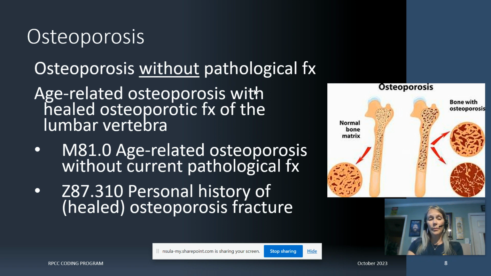So that is going to be coded to M81.0, age-related osteoporosis without current pathological fracture. And then the other code that's going to be coded with that is from the Z category. The Z87.310 is the personal history of a healed osteoporosis fracture.